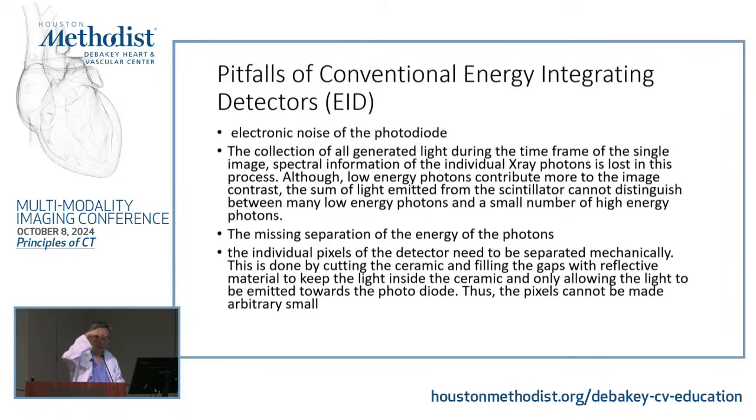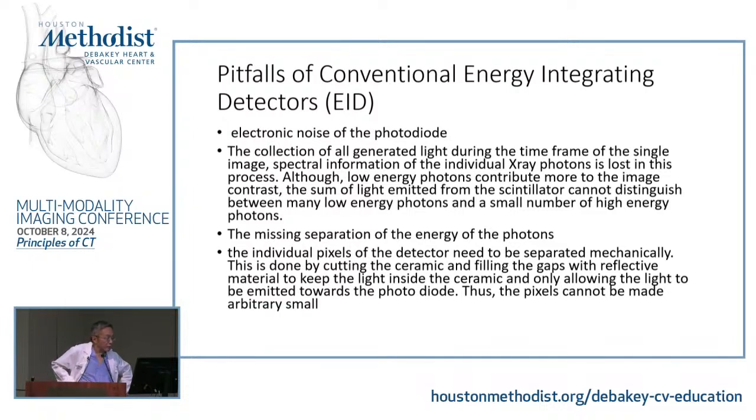The detector captures the photon, captures the light. The photodiode has to convert that light into electrical signals for you to reconstruct the images, okay? So all the electrical circuitry is going to have noise, okay? So that hinders the image quality, okay?